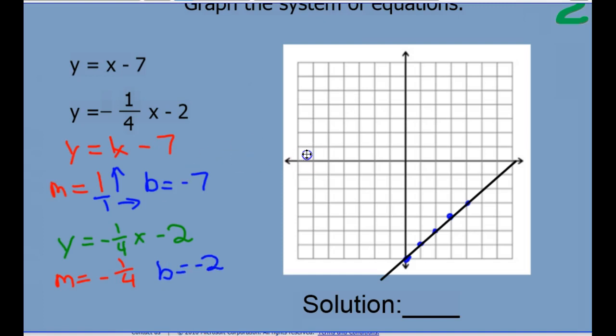So what we're going to do is begin at negative 2. And then our slope, we're going to go down 1 and over to the right 4 because it's a negative. So down 1 over 1, 2, 3, 4. Down 1 and we run out of room. So we go up 1 and over 1, 2, 3, 4 to the left. And we can create a line through those points.